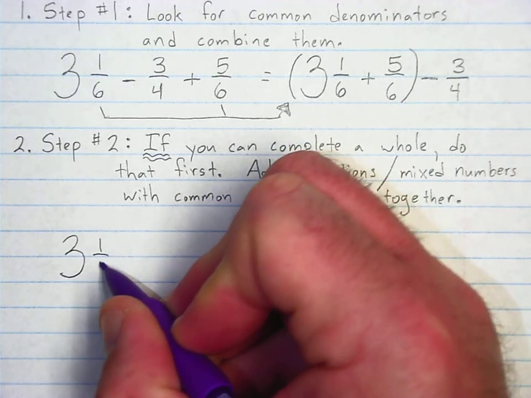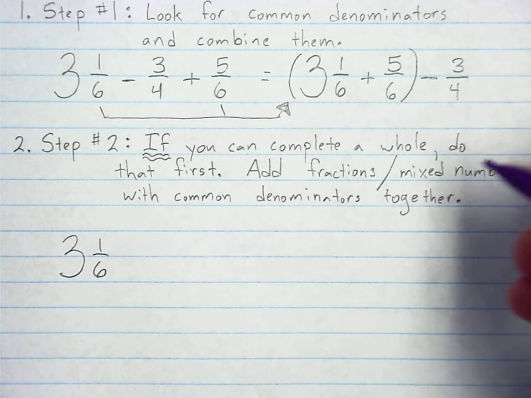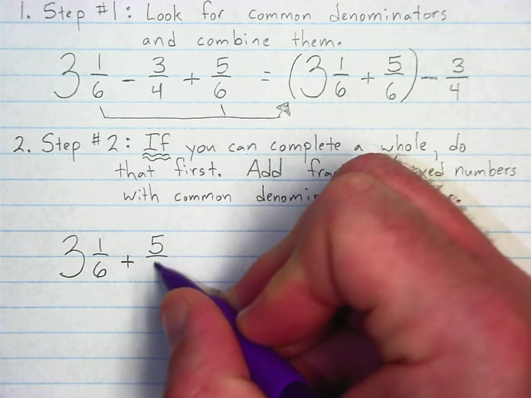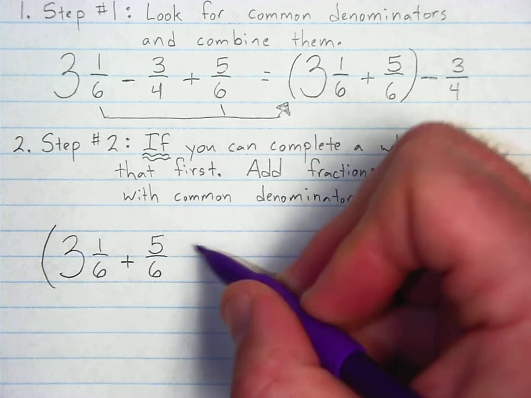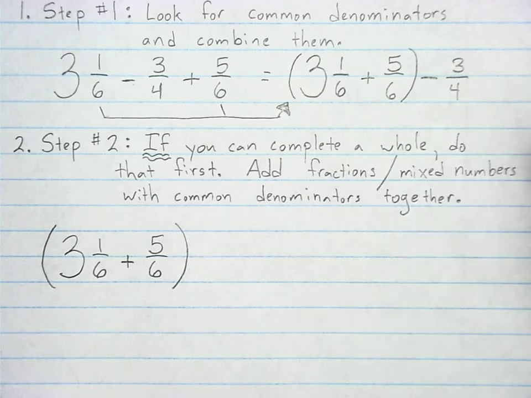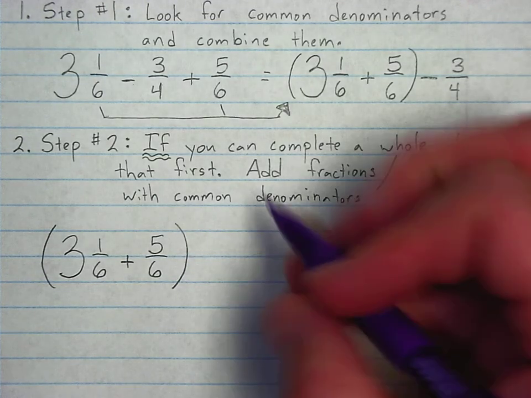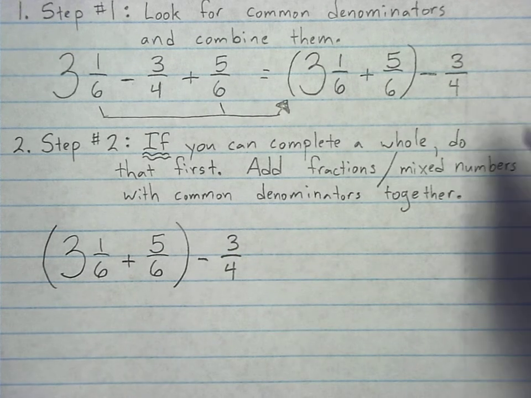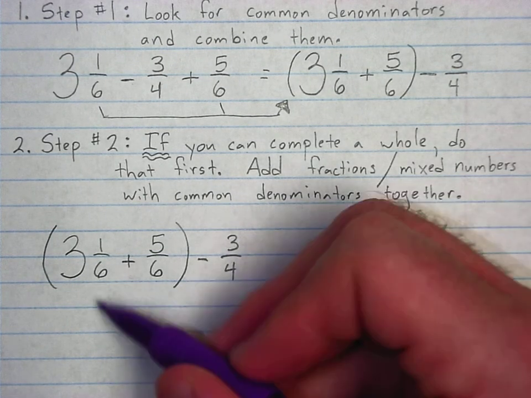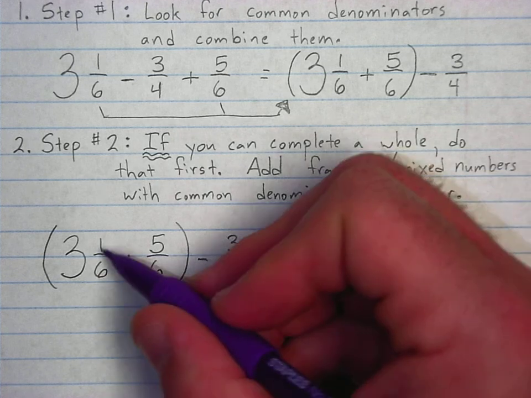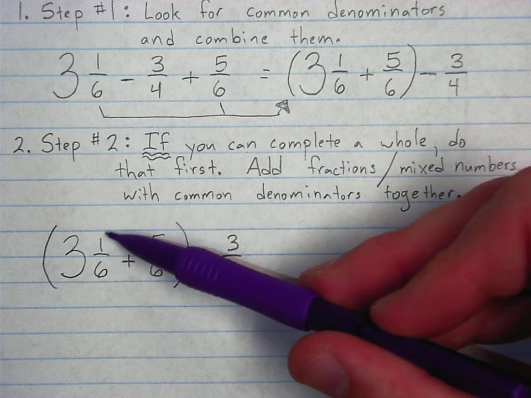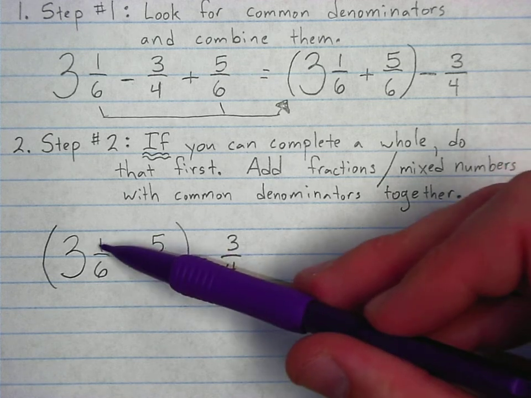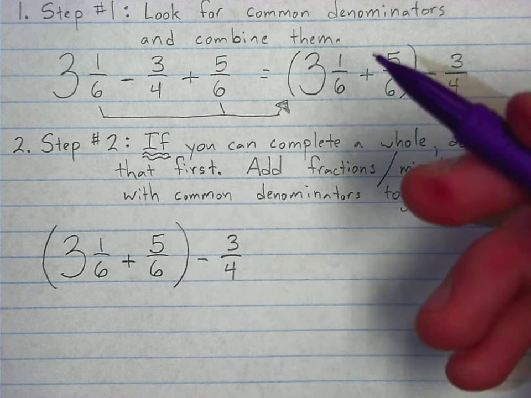3 1/6 plus 5/6. We already paired these together because they have the common denominator. We are going to subtract 3/4 from it eventually. Looking at these, look at just the fraction part. 1/6, 5/6. If I put 1 and 5 together, that's 6.